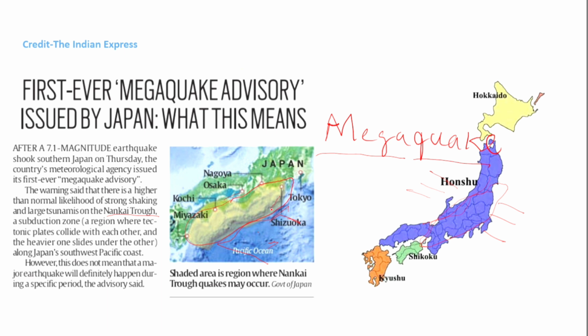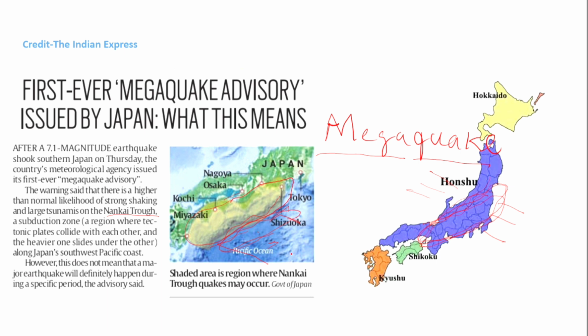It will create a huge stress and pressure in this zone, and because of that there will be an earthquake, and there might be a tsunami also because there is water. So there is a huge possibility of tsunami and earthquake.